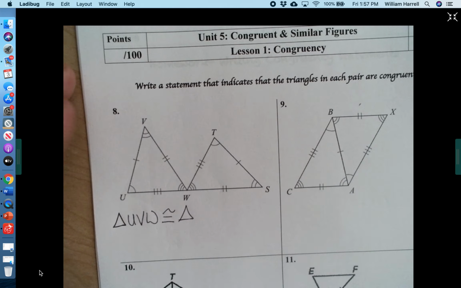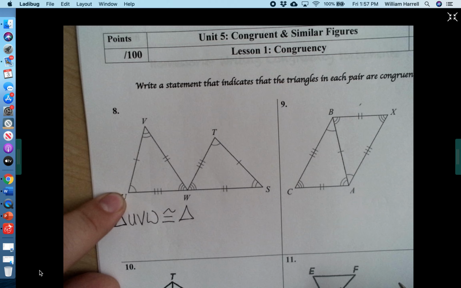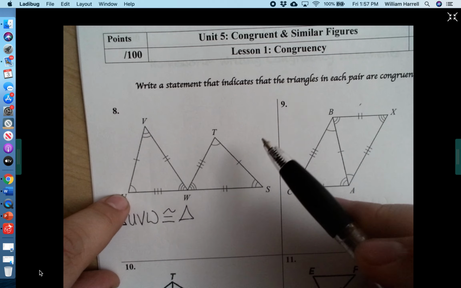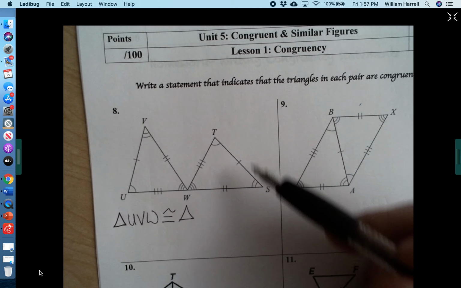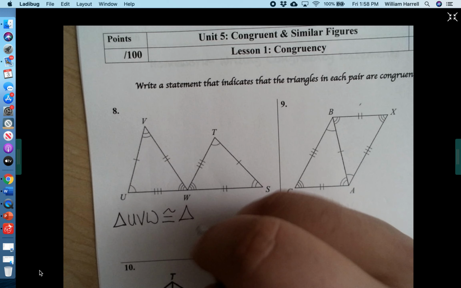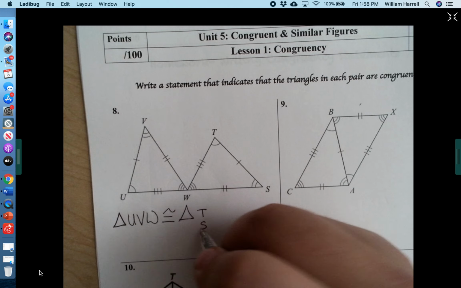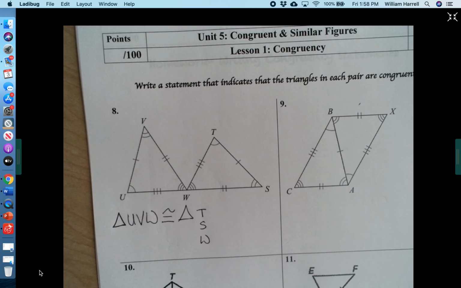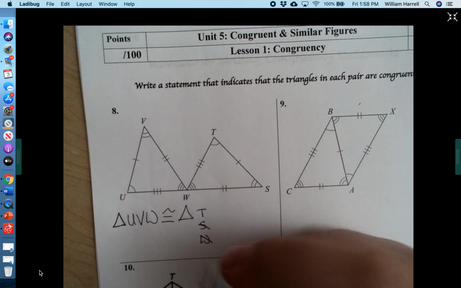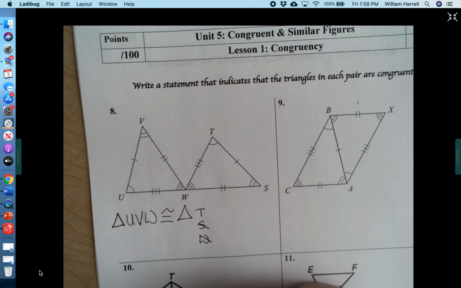Now, when you write your second one, the entire purpose of corresponding parts is to make sure we write these in the correct order. So, U goes with what? T, S, or W? It is T because T only has one mark.